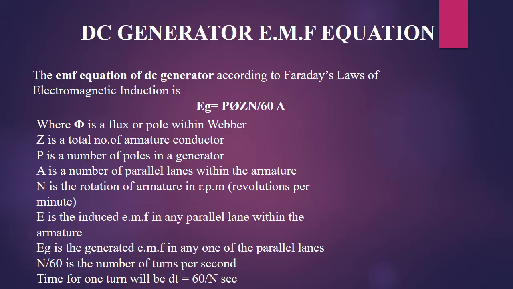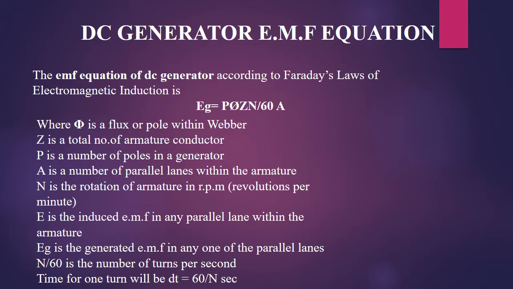DC generator EMF equation. The EMF equation of the DC generator is according to Faraday's laws of electromagnetic induction. That is, Eg = PφZN/60A, where φ is the flux per pole in Weber and Z is the total number of armature conductors.